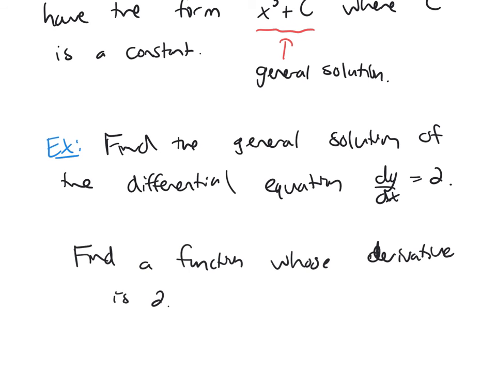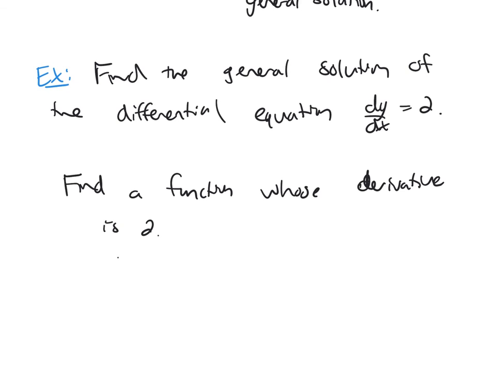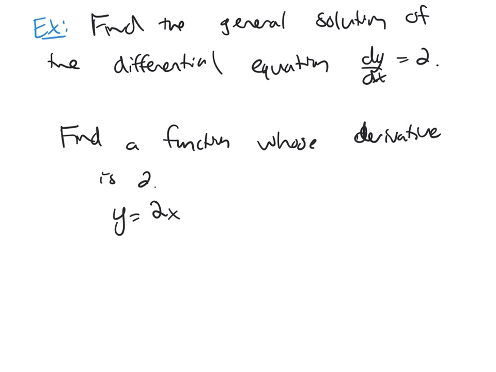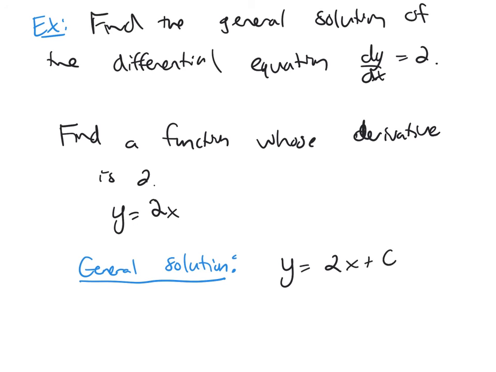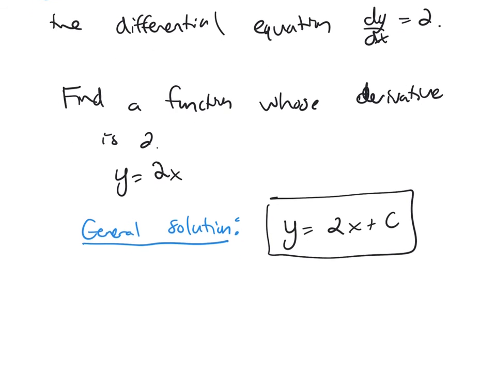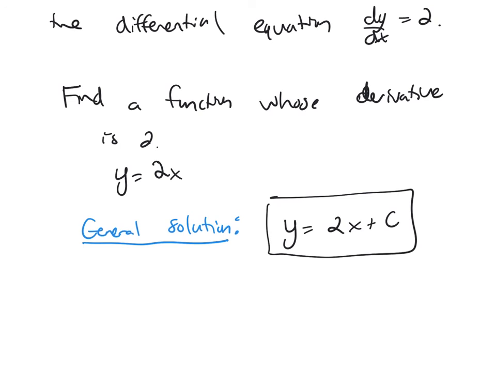Well, I know one such function, y equals 2x. That function has derivative 2, and so from here we can get our general solution. Our general solution would be y equals 2x plus c, where c, again, represents a constant.